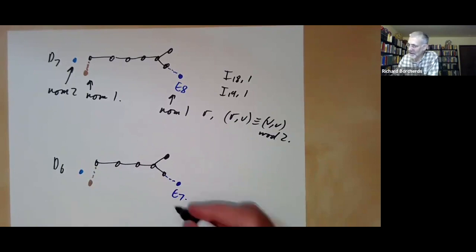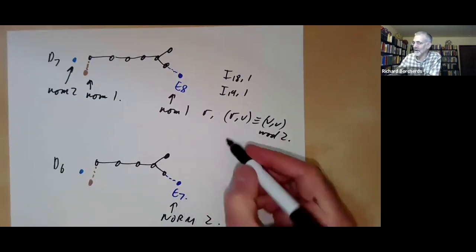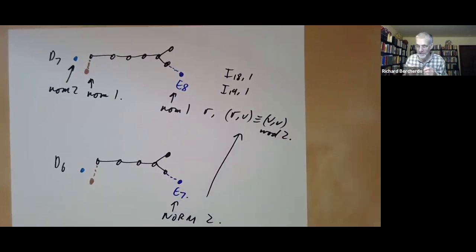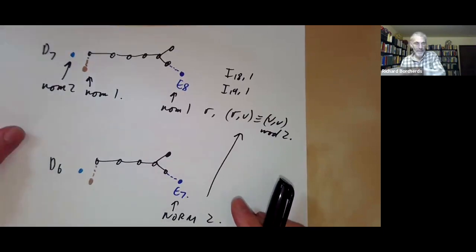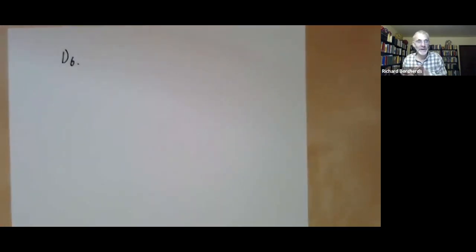And these give you norm 2 vectors with this funny property here. And what happens next? This is the case when Vinberg's algorithm kind of breaks down, or well, it doesn't actually break down, it just goes on forever.